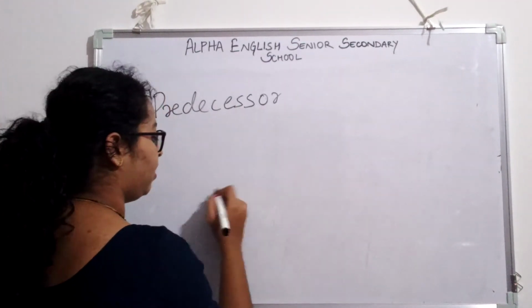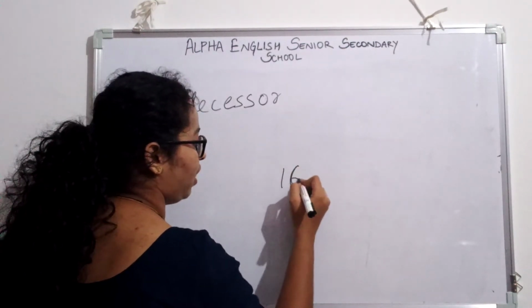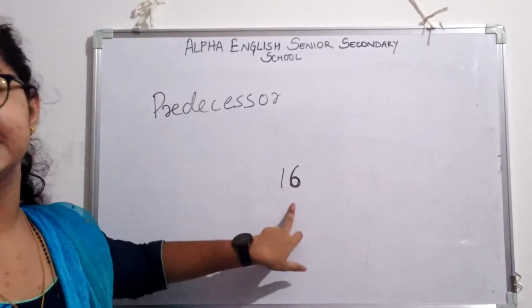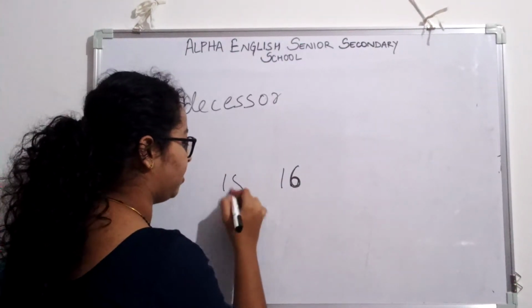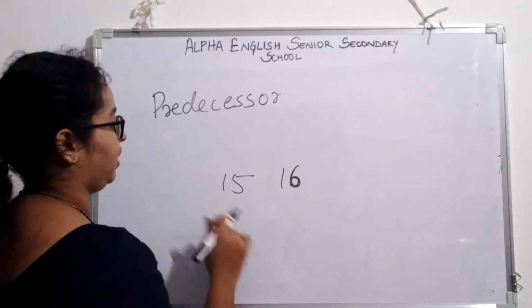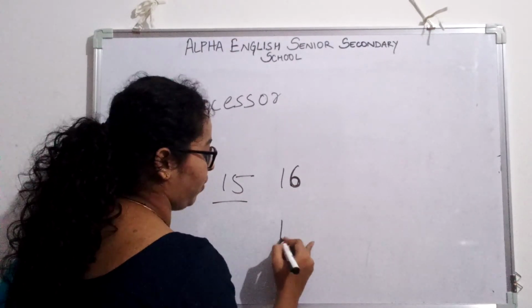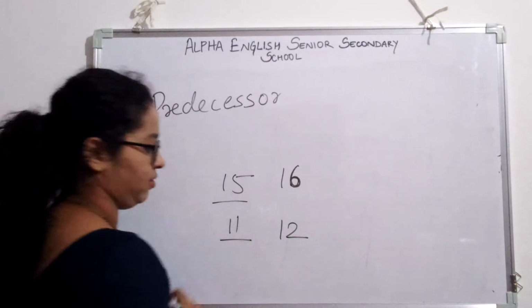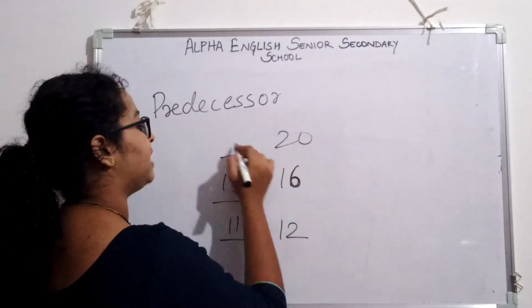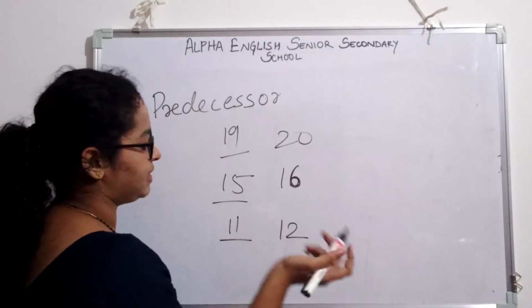That means if we have 16, what is the predecessor of 16? It's 15. What is the predecessor of 12? It's 11. What is the predecessor of 20? It's 19. What is the predecessor of 2?